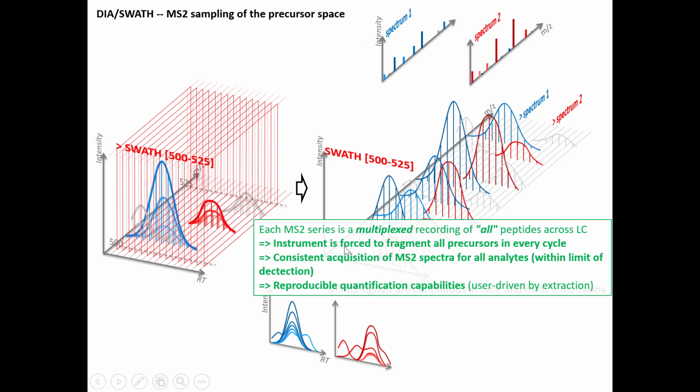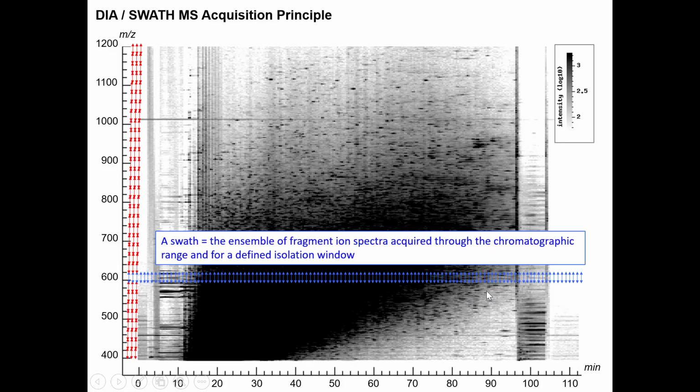And essentially the instrument is forced to fragment all precursors in every cycle. So what we have is consistent acquisition of MS2 spectra for all analytes, again within the limits of the instrument. And hopefully this will lead to reproducible quantification capabilities using this sort of user-driven extraction.